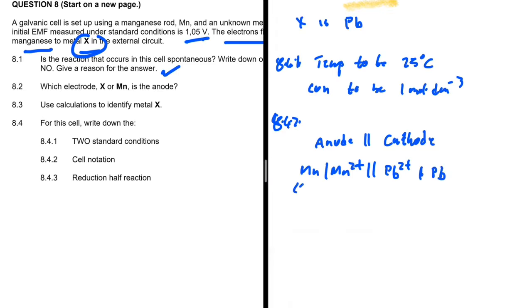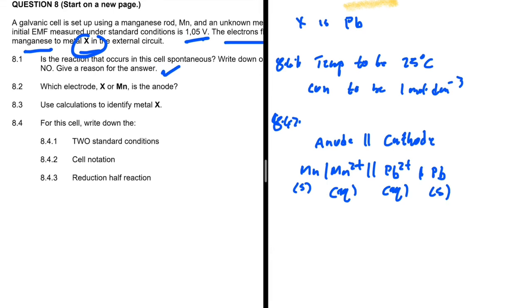We can show the states: solids at the electrodes and aqueous solutions in between. We can even show the concentration of these aqueous solutions, which should be 1 mole per decimeter cubed.